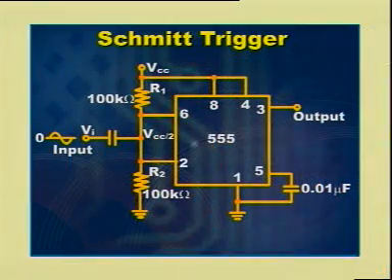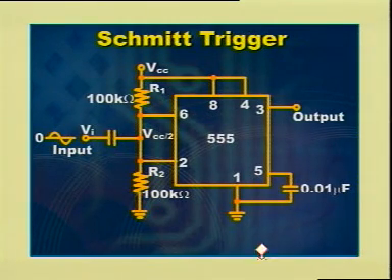So, if we connect external circuitry in such a way that the input signal voltage average value is at the midpoint of 2/3 VCC and 1/3 VCC, that is VCC by 2, then we can simply convert sine wave into square wave. Schmitt Trigger circuit is as shown in figure.